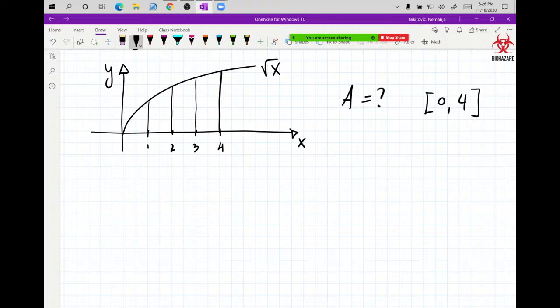So if you take a look at, let's say, this one here from 3 to 4, if we take this one as a guinea pig, you will notice that the top of this is not yet a rectangle, because you have these 3 straight edges, and the top one is curved.